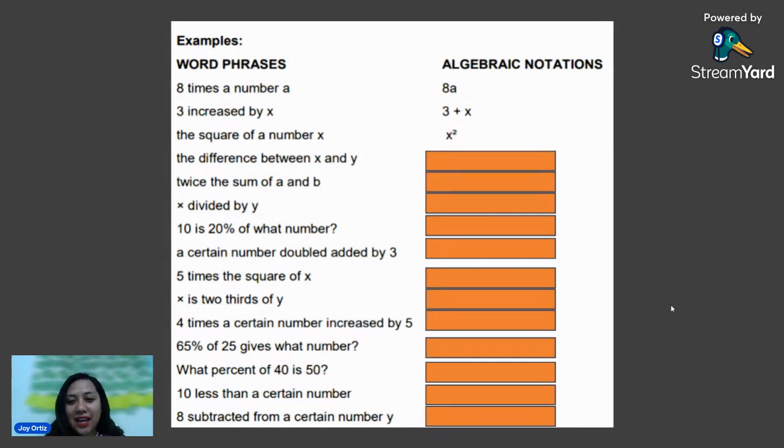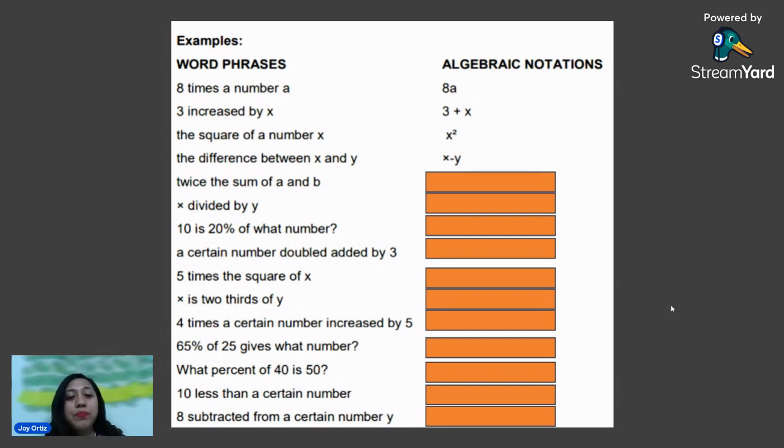Yes, it's X squared. The difference between X and Y. Okay, correct. That is X minus Y.